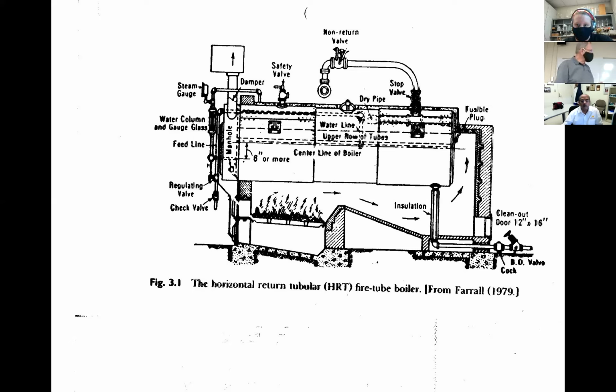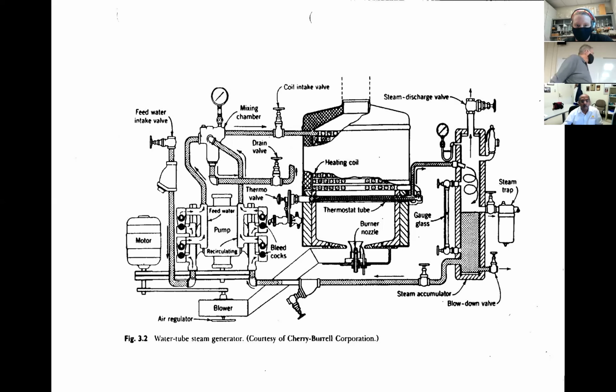The flip side of the fire tube is basically the water tube type of system. And in this case, think of a giant Bunsen burner. What we have in the middle there, we have a nozzle down here on the lower right-hand corner, a burner nozzle.